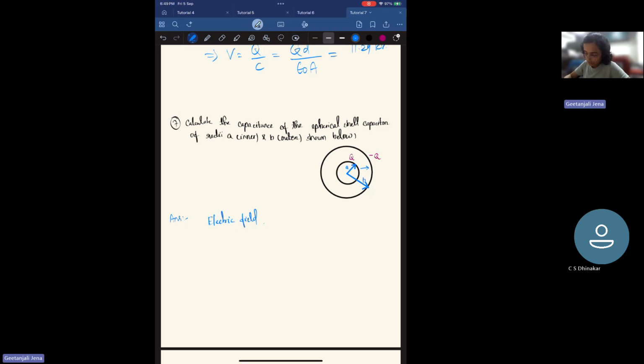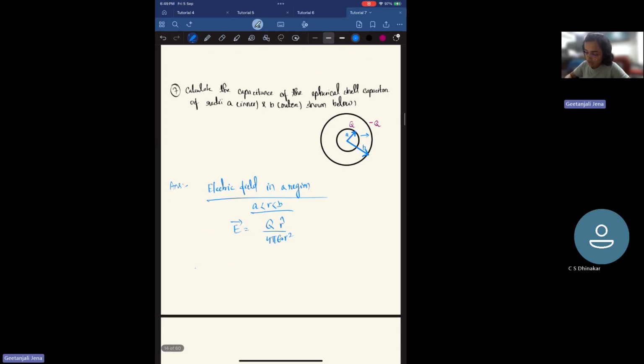Electric field in the region A to B is nothing but Q by 4 pi epsilon naught r square, r cap. From this, we can calculate the potential difference.